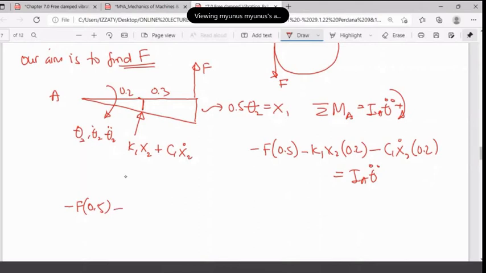They provide you K1, yes, 4,000. Put it there, 4,000. You don't basically have to follow all the steps, because my solution will be a step-by-step solution. What will your X2 be? Here is X2, isn't it? It is 0.2 theta 2.